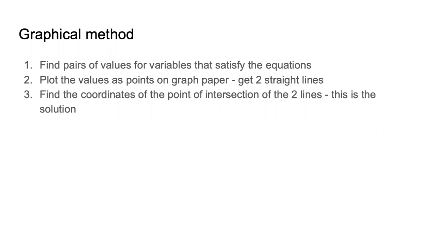That means if we can know the coordinates of that point, we will know the answer to the question. We will have found the solution to our given equations. This is the connection between algebra and coordinate geometry. Algebra and geometry, which comes across as coordinate geometry. Good to go?